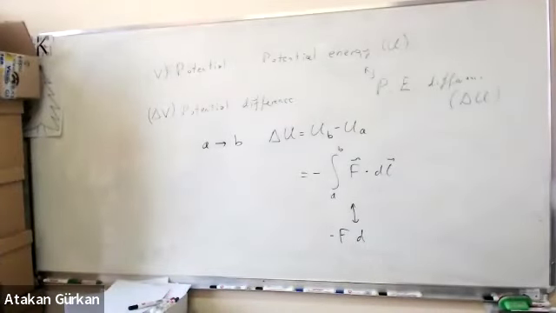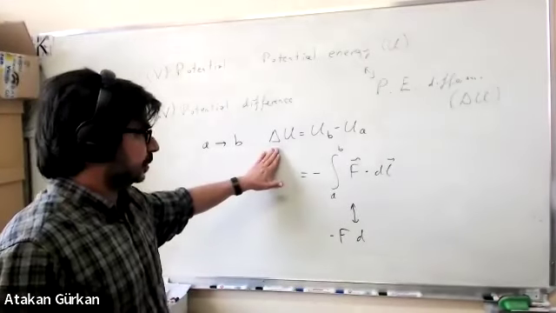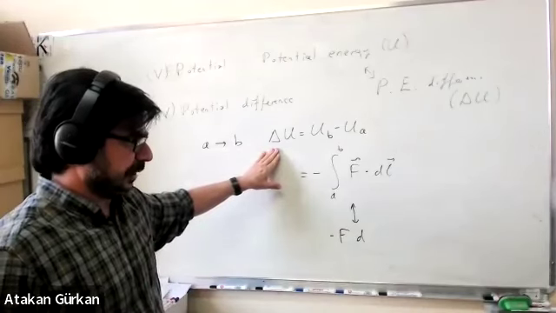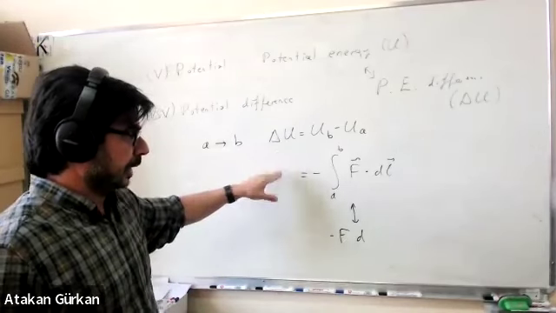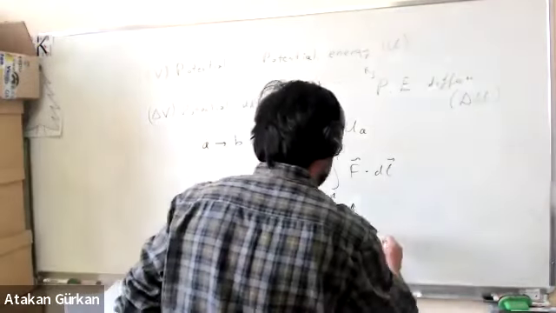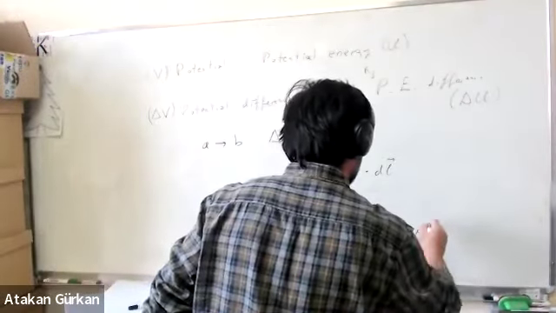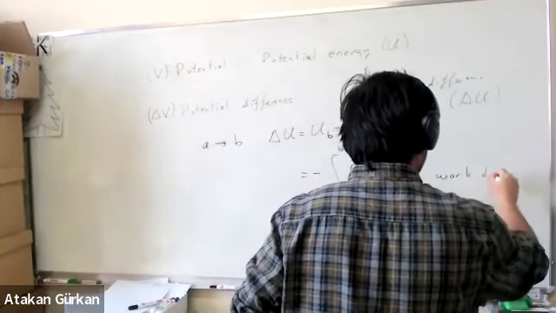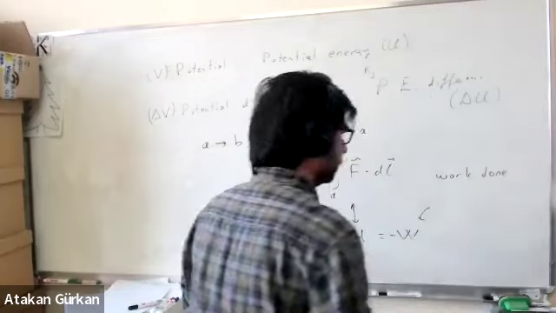There's going to be some change in your potential energy. This change in potential energy, in general, if there are no other forces, is going to be something negative. Right, and this is also, of course, sometimes written as minus W. So this is the work done by what?